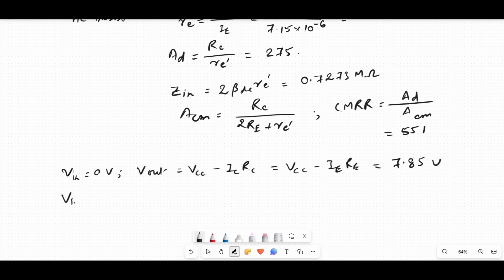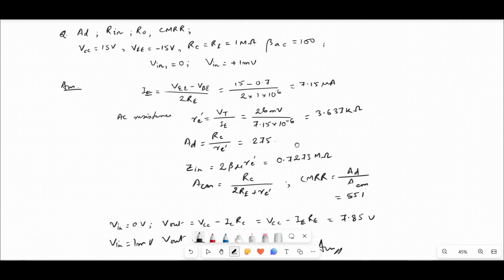Now if Vin is 1 millivolt, then Vout is gain into input voltage, which is the gain we have calculated. So this will come out to be 2.275 volt. So this is the answer for the numerical.